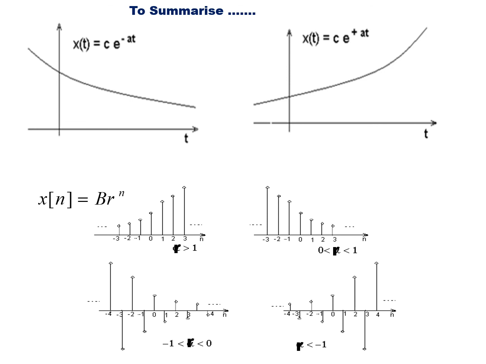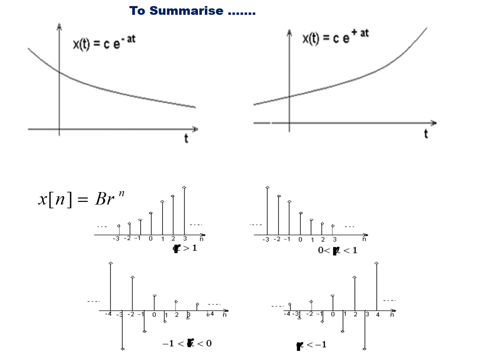Similarly, if the sign of a is positive, in that case the signal results as a rising exponential. That is, for increasing value of time, the value of x also increases. So this is the example for a falling exponential, and this example shows a rising exponential. Similarly, in case of a discrete signal, x of n is equal to b into r to the power of n.